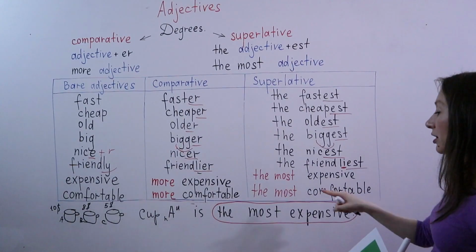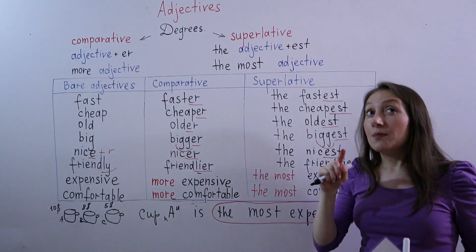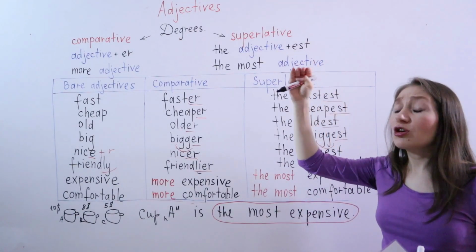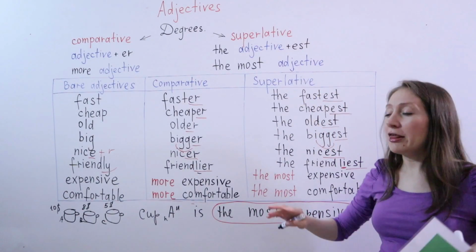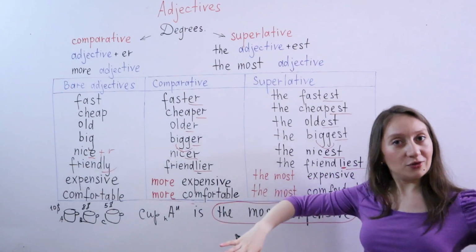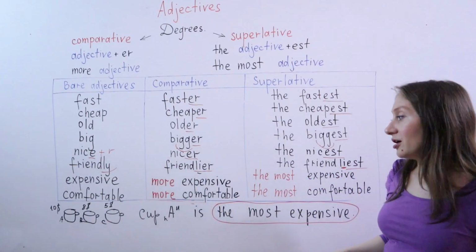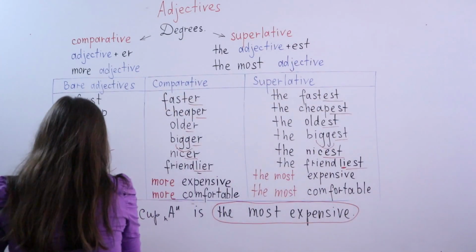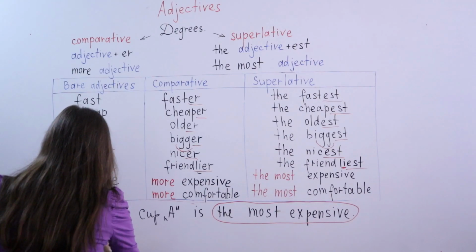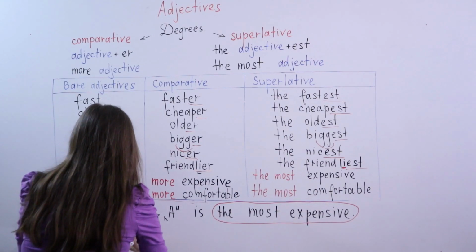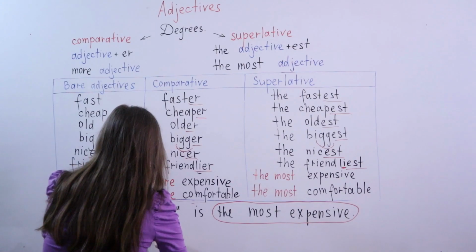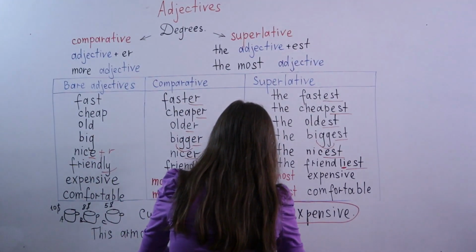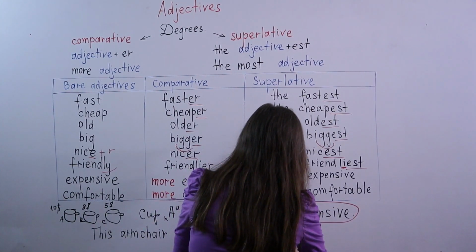And the example, the most comfortable, for example, this armchair is the most comfortable armchair. I love it, right? You feel it, you sit on the comfortable armchair and you say, oh my god, this is the most comfortable. All right, so this armchair is the most comfortable.